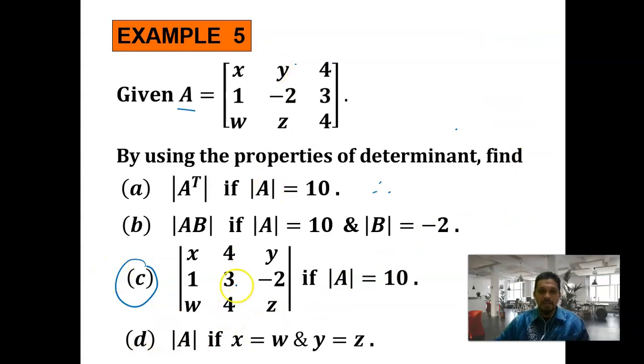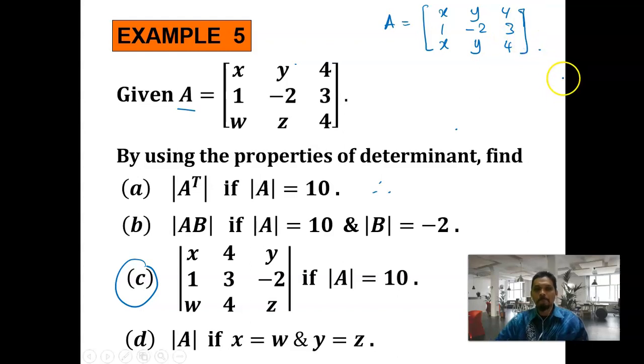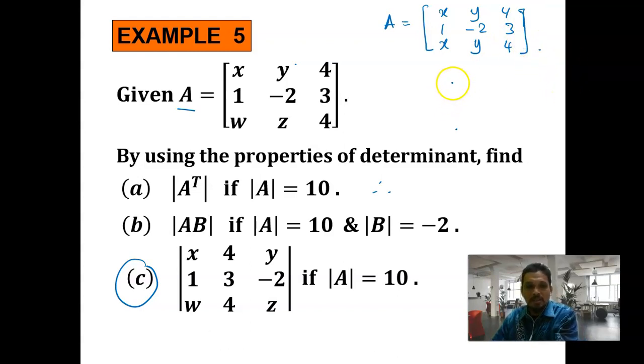If x equal to w, y equal to z, then the new A is x, y, 4, 1, negative 2, 3, and x, y, 4. So what does the rule say?